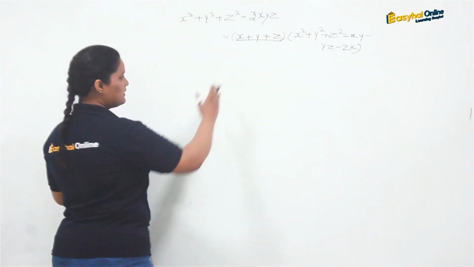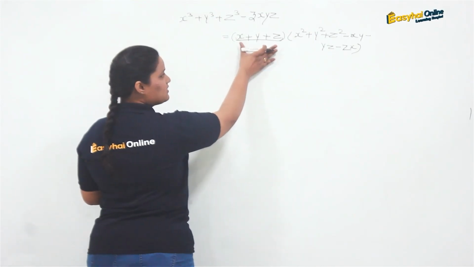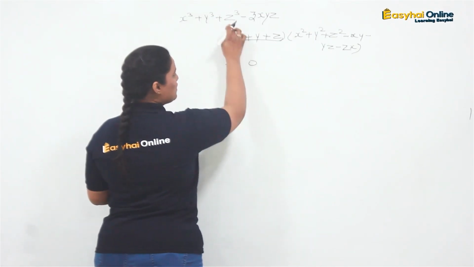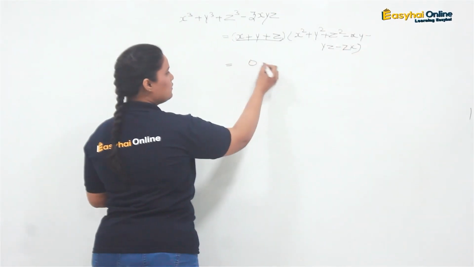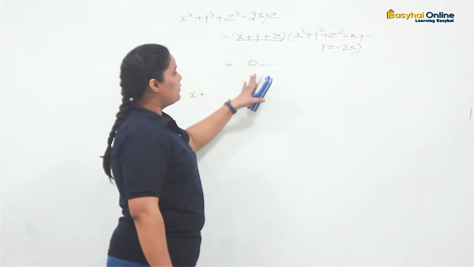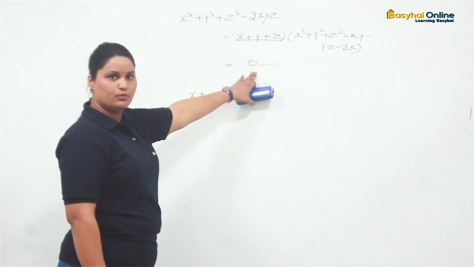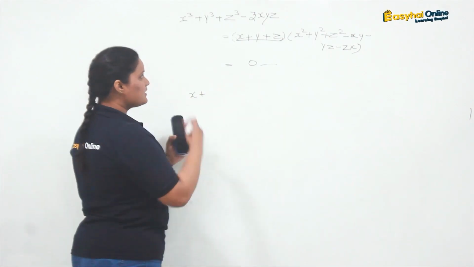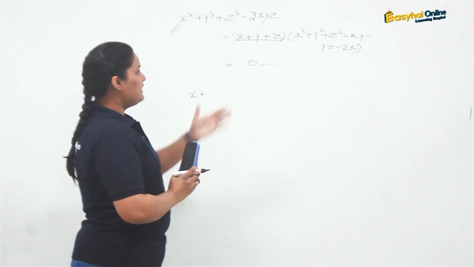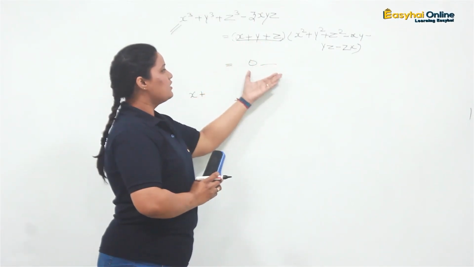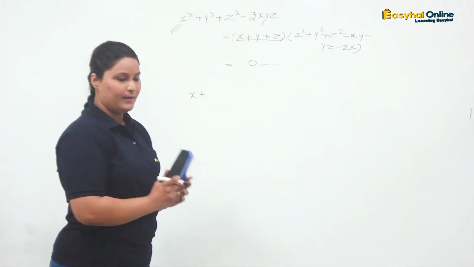Only in that condition will this identity be applied. What will happen if the sum of these three numbers is 0? Obviously, if the sum is 0, this whole right hand side term will become 0. Any number multiplied by 0 always results in 0. That is why it is the mandatory condition for this identity that the sum of these three numbers should not equal 0.